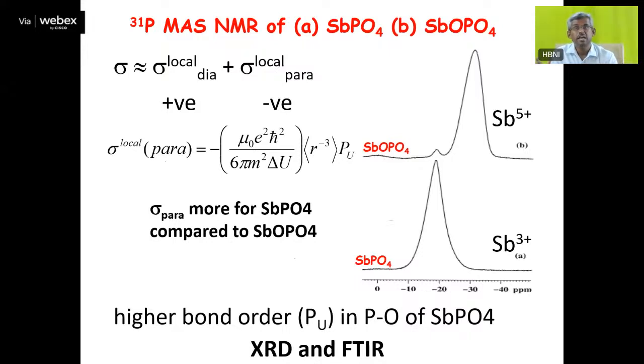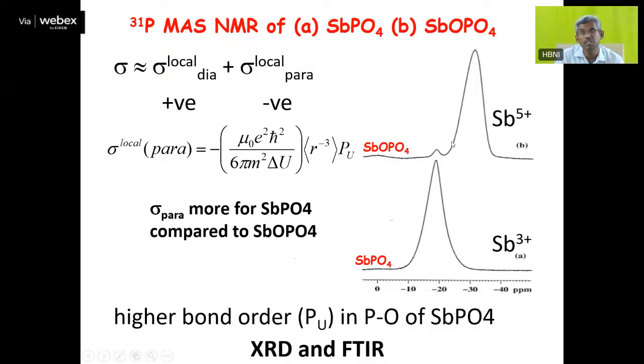The cation charge to radius ratio is 5 over the radius of Sb5 plus, versus 3 over the radius of Sb3 plus. So Z by R is higher for Sb5 plus compared to Sb3 plus, and it should pull electrons more towards it. As a result, oxygen should have lower electron density and phosphorus should get de-shielded.